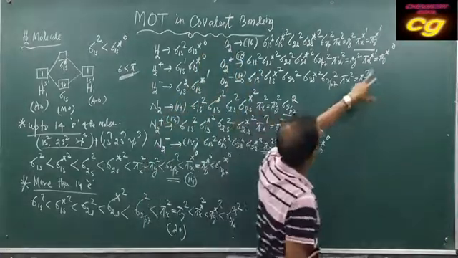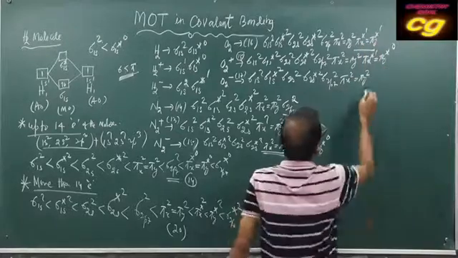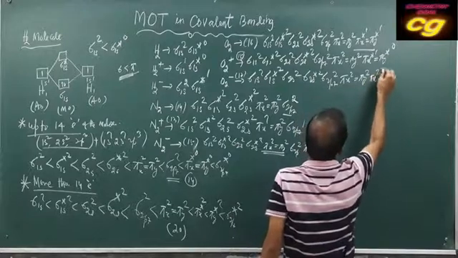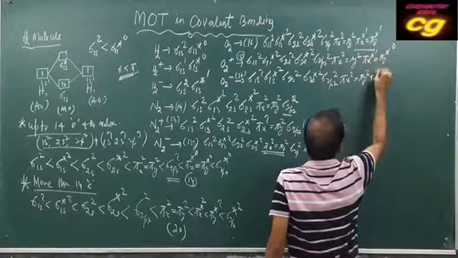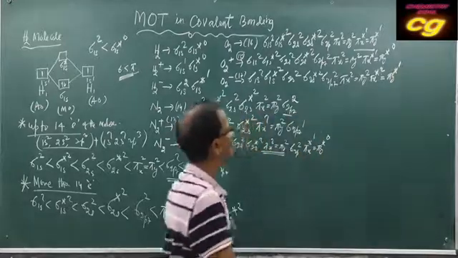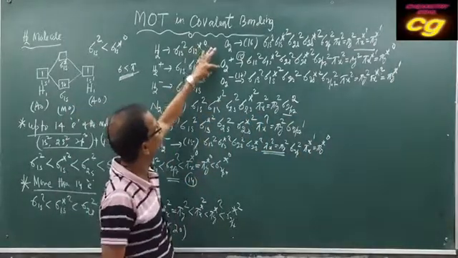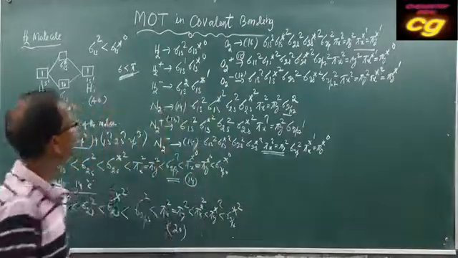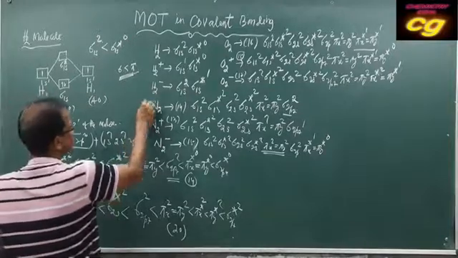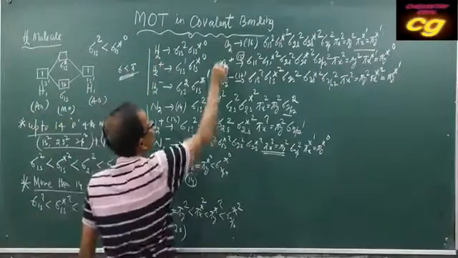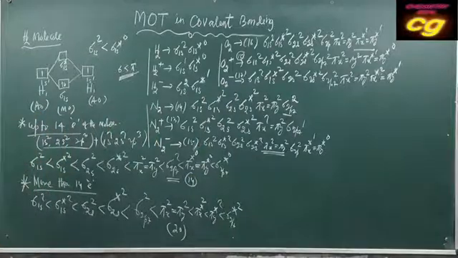One electron is more, so it will occupy: pi x star 2, then pi y star 1, remaining same. So this is your O2, O2 plus, O2 minus. We have to see from which orbital the electron will be lost. So this is the configuration of N2, N2 plus, N2 minus, H2, H2 plus, H2 minus, and O2, O2 plus, O2 minus.